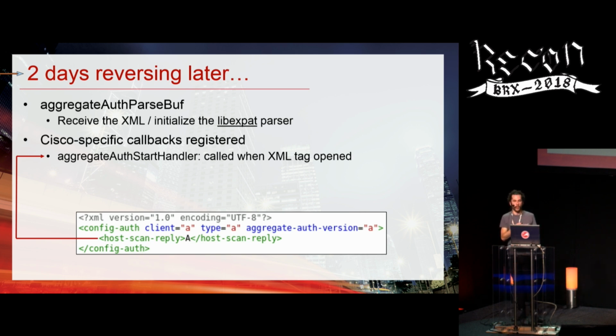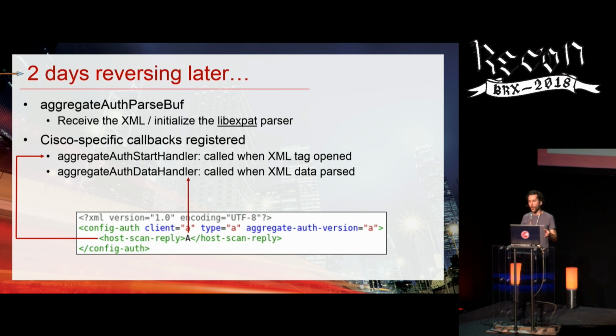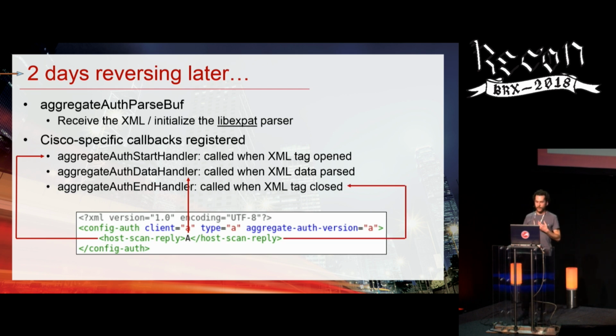And you have specific callbacks like auth start handler, which you can imagine starts the parsing of an XML tag. Then you have auth data handler, which is to actually parse the data inside the XML. And then you have auth end handler, which is to do certain things if you want when the actual XML tag is closed.